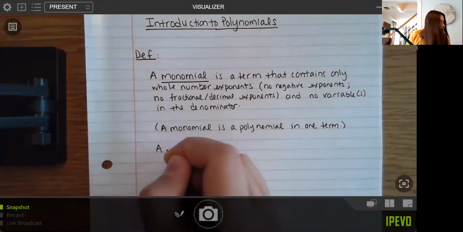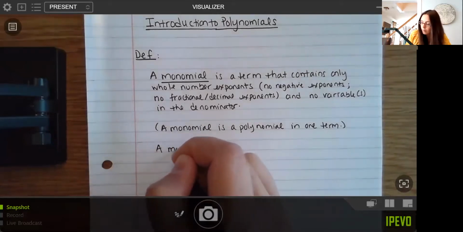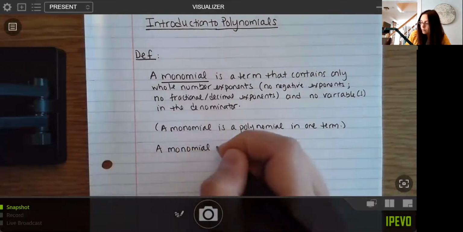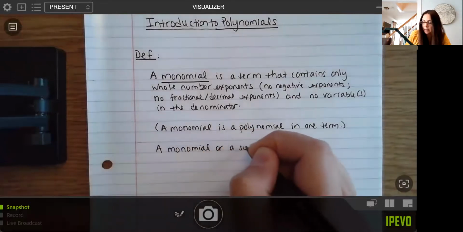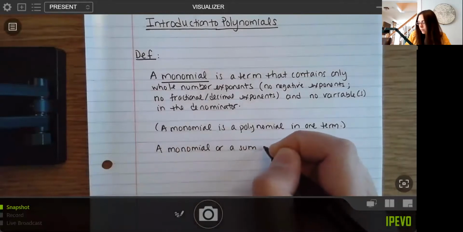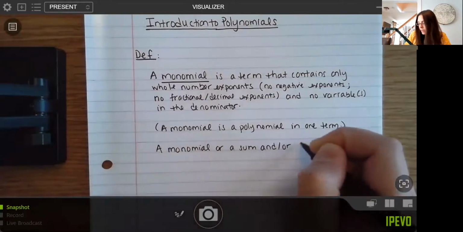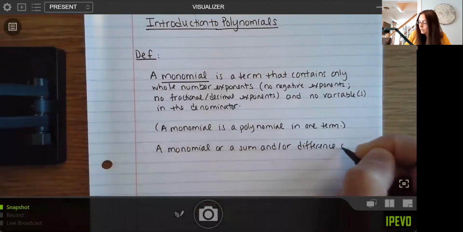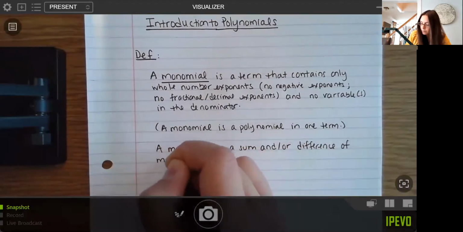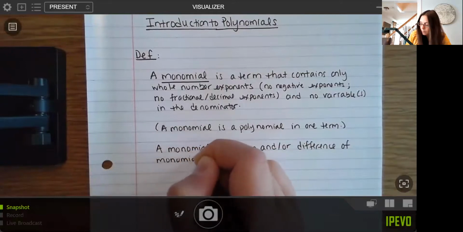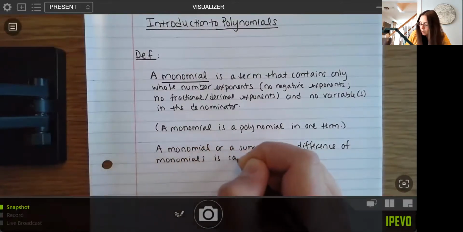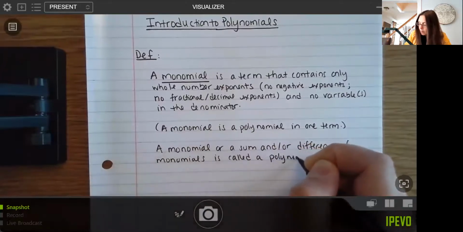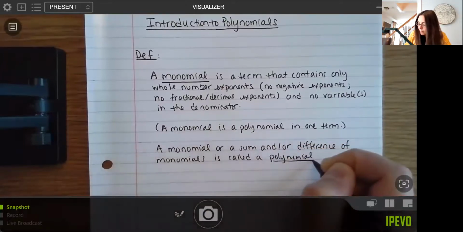So a monomial or a sum and or difference of monomials is called a polynomial.